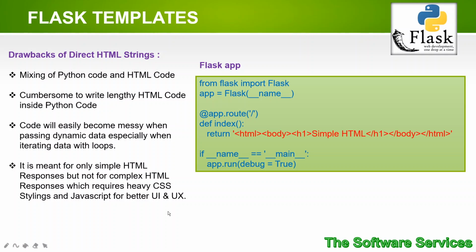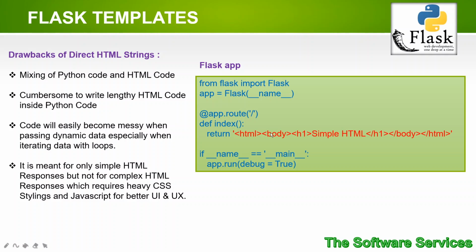Typically these days, a web page contains a minimum of 200-300 lines of code, with heavy CSS styling, Bootstrap styling, and so much JavaScript interaction. All those are put together, right? That much code is not possible to insert in the form of simple strings, right?